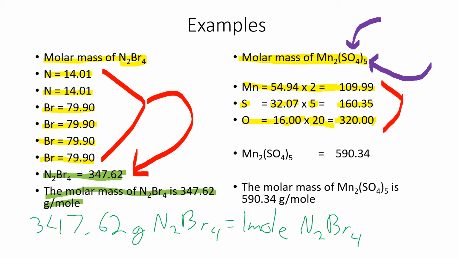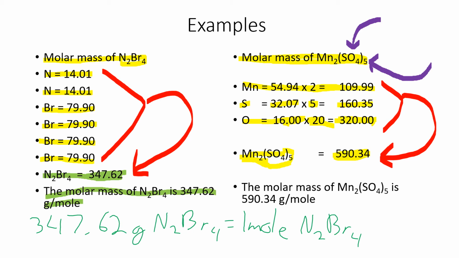And again, just like before, we would take all of our parts and add up all of our parts together. So the total for the entire compound Mn2(SO4)5 from adding together all of those individual parts would be 590.34.